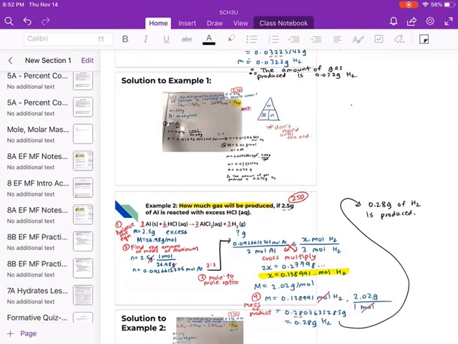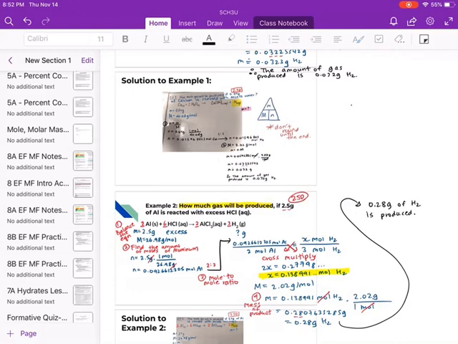So, it's the amount of aluminum, in this case, that predicts the amount of product produced. And so second, find the amount of moles of aluminum, so using the mole train or the equation. And so once you get the mole amount of aluminum, we're going to use the balanced equation to get our mole-to-mole ratios. So for every 2 moles of aluminum, I get 3 moles of hydrogen gas.